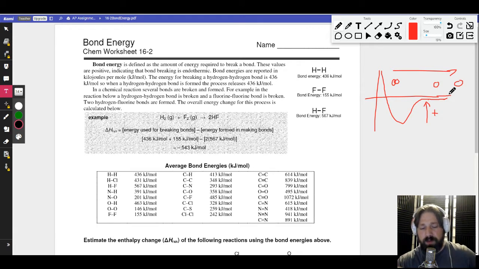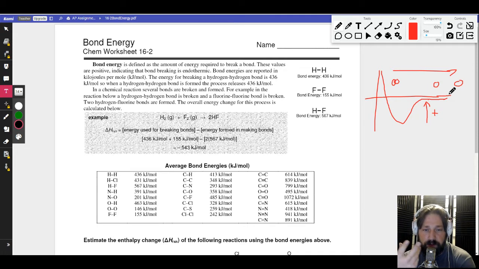One way to think about this conceptually is just think about magnets. If I have two magnets that are stuck together, I've got to put in energy to pull them apart. But whenever magnets are coming together, if I just let go and have two magnets slam together, you hear a clack. That sound of them clacking together is energy being released. So that's another way that you can think about bonds being formed.